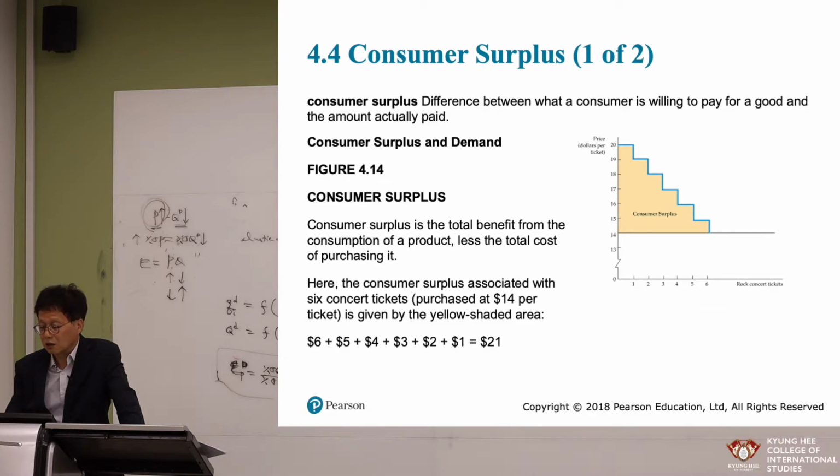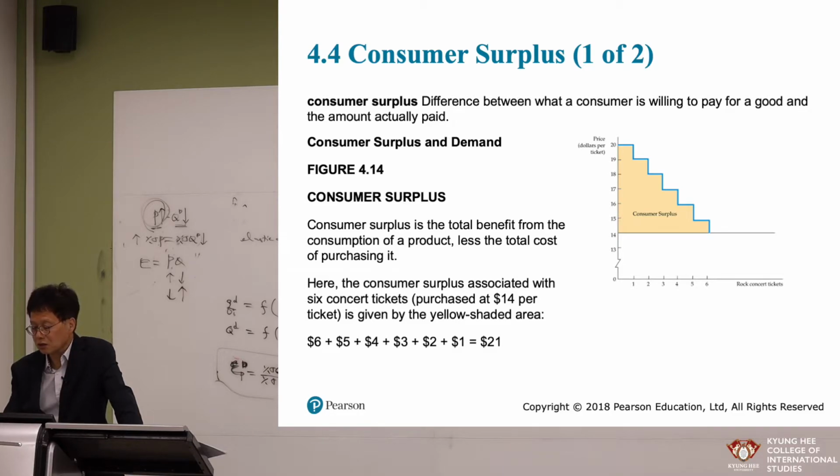Now, you drink a second bottle of beer, then your happiness increases, right? The increase in your utility amounts to about $19. In other words, you are willing to purchase at $19, but the market price of beer is $14. The gap between the two is the consumer surplus from the second bottle of beer. This process continues.